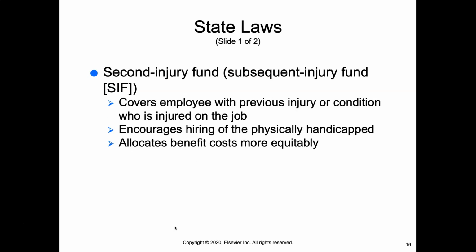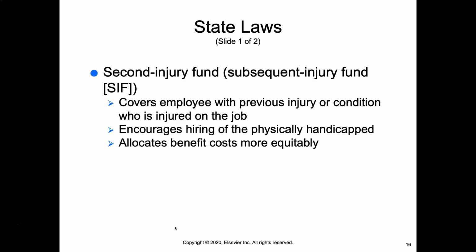In your book, on page 157, it talks about the second injury fund. This is where someone gets a subsequent injury, and that pre-existing injury combined with a second injury produces a disability that's greater than that would be caused by the second injury.